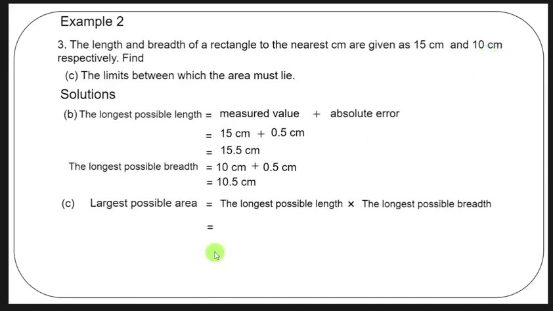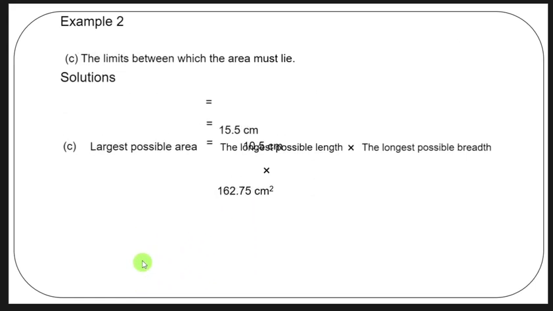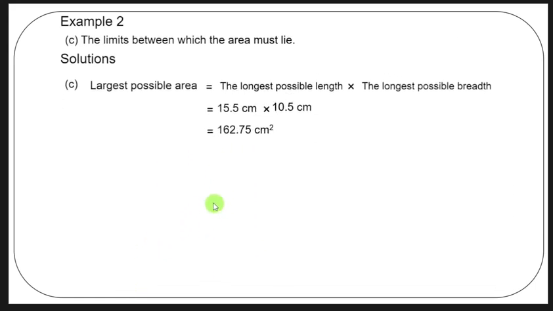So we bring this one, we get 15.5 times 10.5. When we multiply we get 162.75 square centimeters. Then this will be done. Now we'll go for the other part, which will be the smallest possible area.